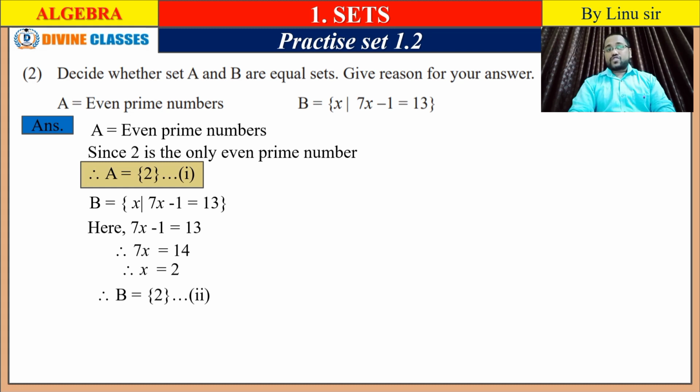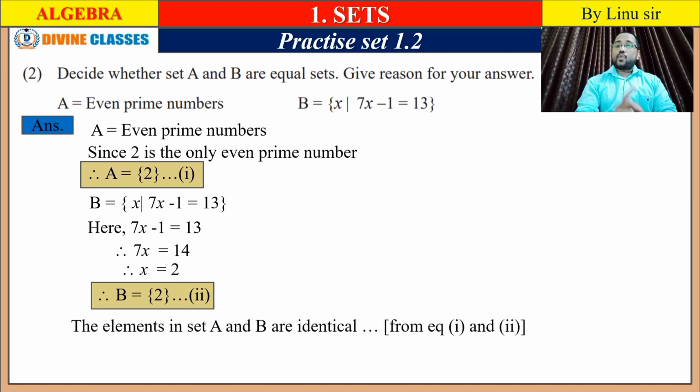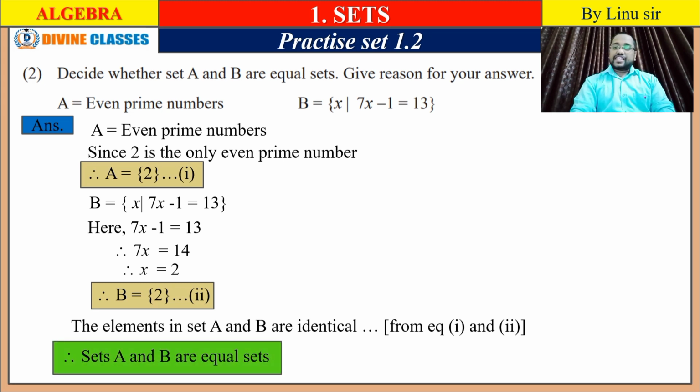So this also we can write in set B, that is the element is 2 in curly brackets, right? So in equation 1, that is set A, we got element 2 and in set B also we got element 2. Therefore from equation 1 and 2 we can write the elements in sets A and B are identical. Therefore sets A and B are equal sets.